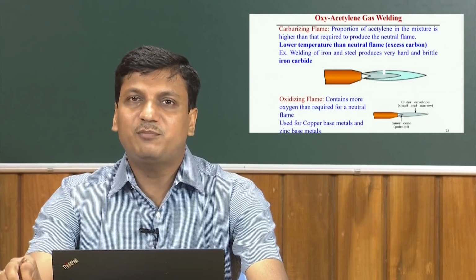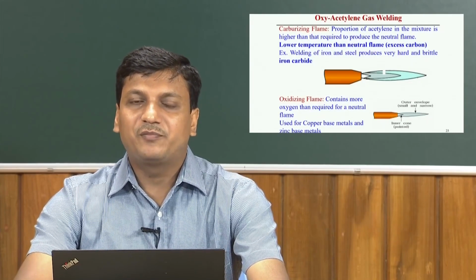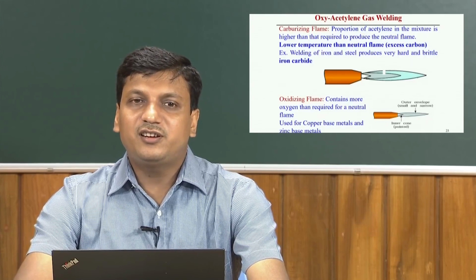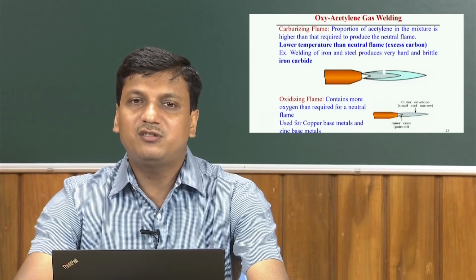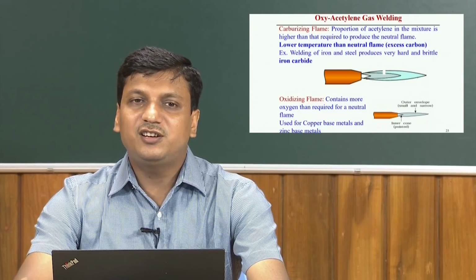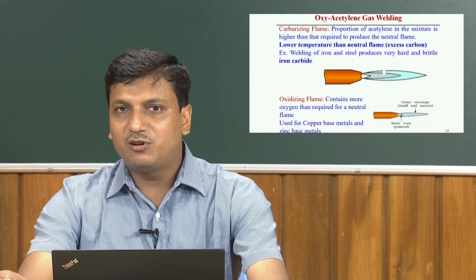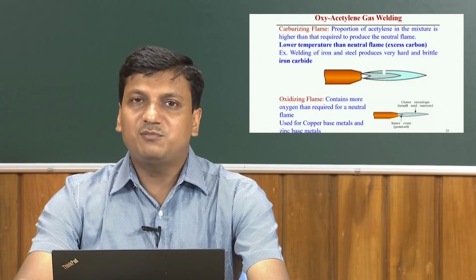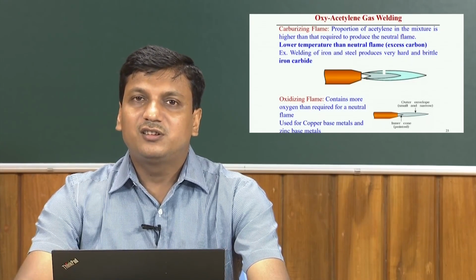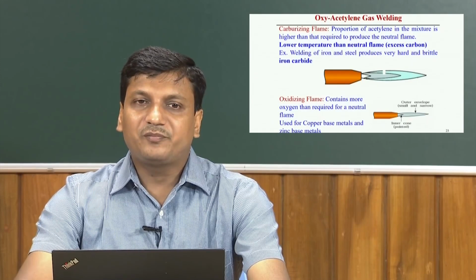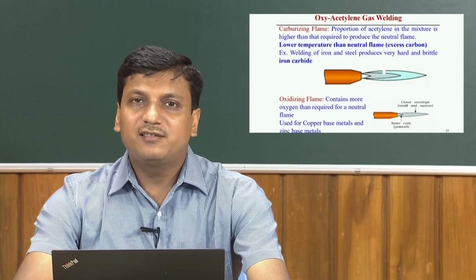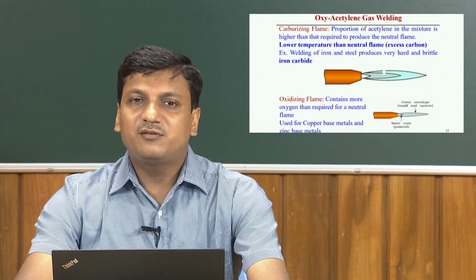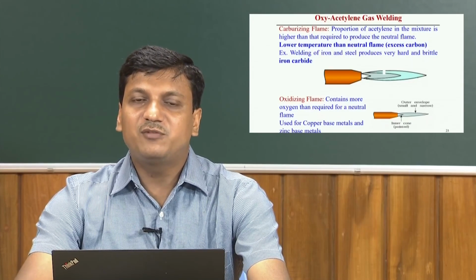Definitely, with the absence of enough oxygen, there may be some unburned acetylene, so sufficient burning does not occur. It produces a lower temperature than the neutral flame, and at the same time some excess carbon can be created.